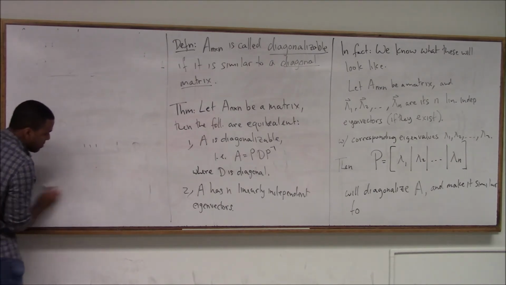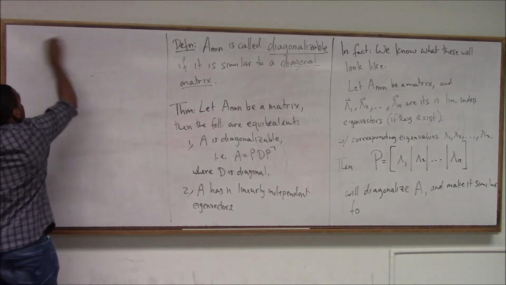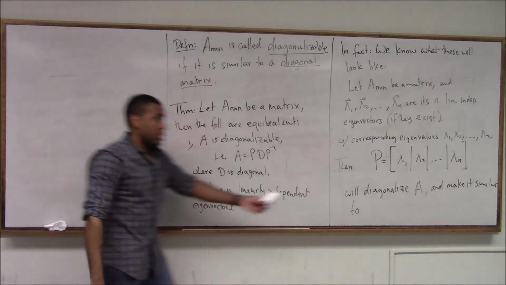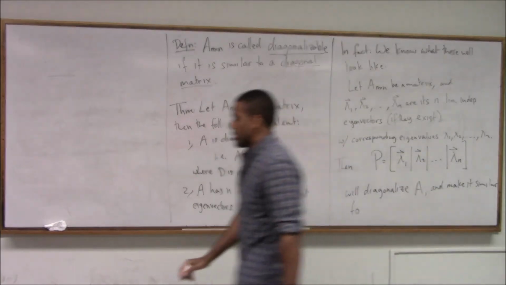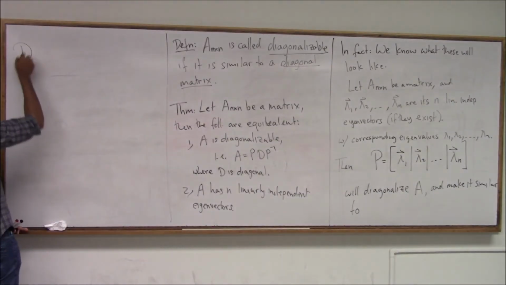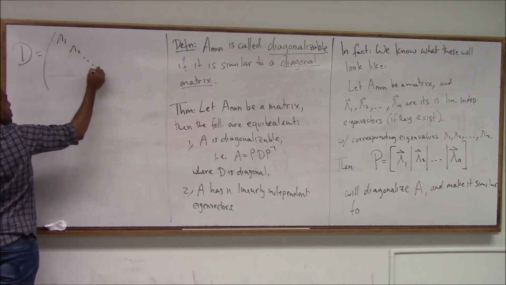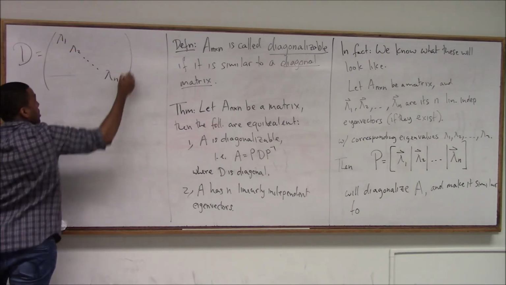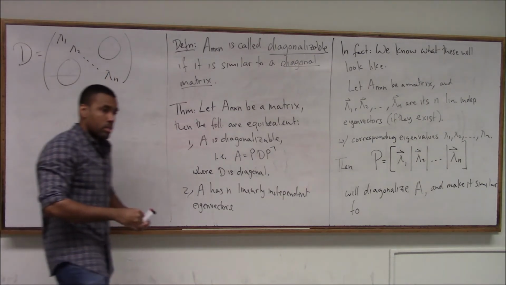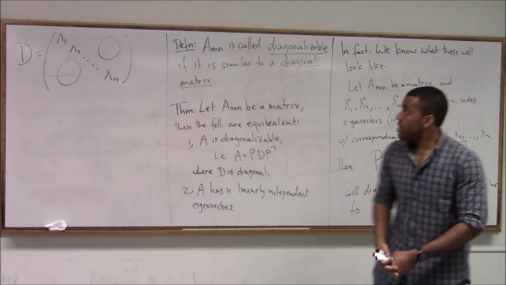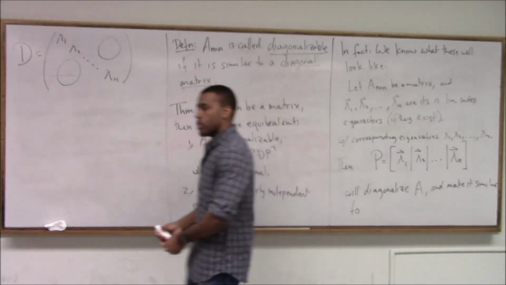If you put all the eigenvalues on the diagonal and line them up in the same way that you lined up their corresponding eigenvectors, there's lambda 1, lambda 2, all the way down to lambda n, with zeros on the other side. So once you're able to find n linearly independent eigenvectors for a matrix, you can actually make it similar to a diagonal matrix.